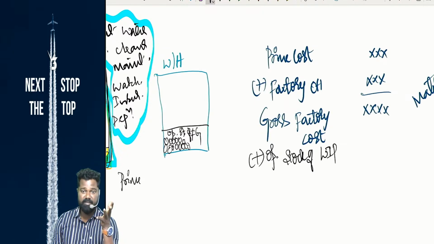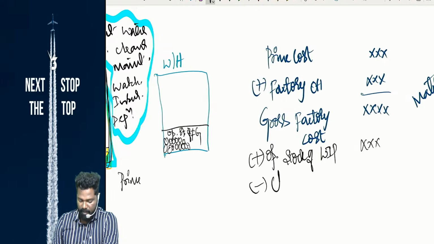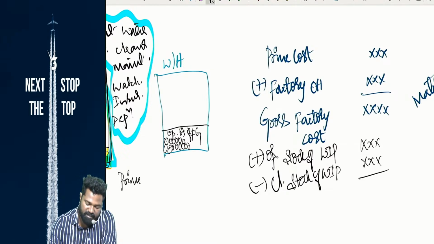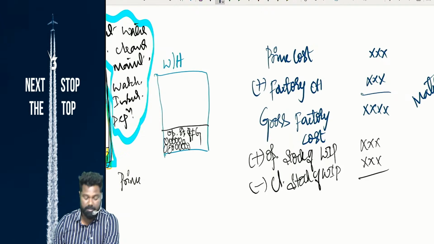I gave you a valid example. It is not a stupid example. It's a valid example. Tell me, what next? Next, closing stock of WIP. Whatever we arrive at is called what? Net factory cost.